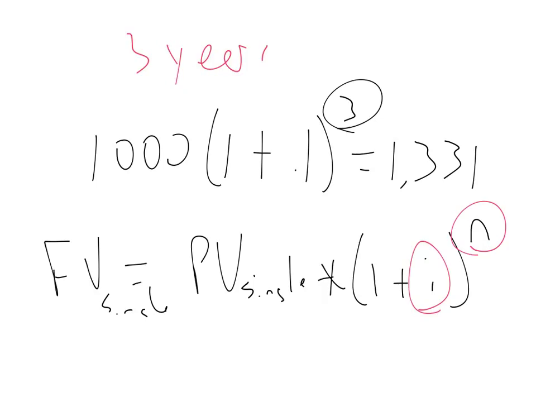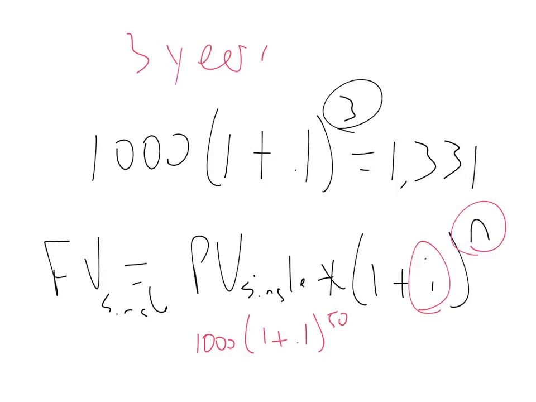And so we could actually extend this. We could go out to 50 years. So how much would you have if you held the money in the bank for 50 years? Well, you would have $1,000 multiplied by 1 plus the interest rate, 0.1, to the 50th power. Now, most calculators have an exponent function.